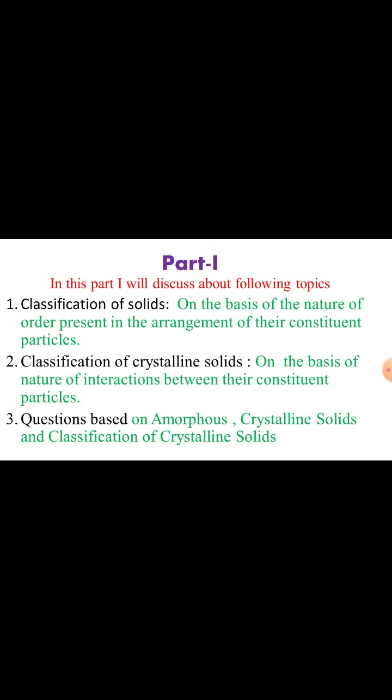Second, classification of crystalline solids on the basis of nature of interaction between their constituent particles. It may be molecular solid, ionic solid, metallic solid and covalent solid. And then questions based on amorphous, crystalline solid and classification of crystalline solid.